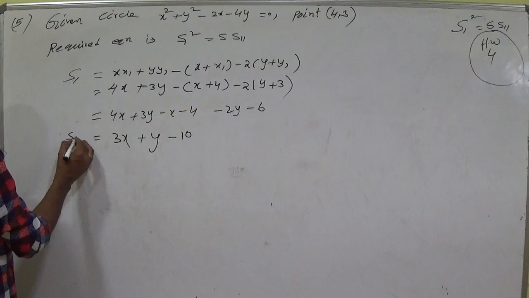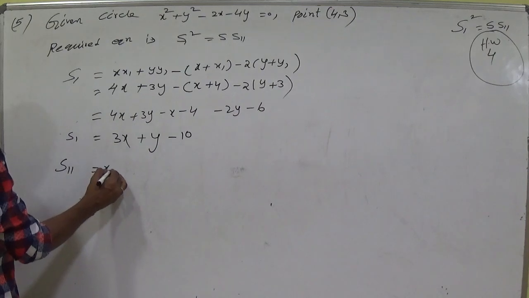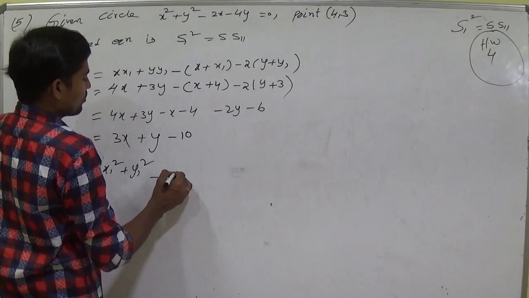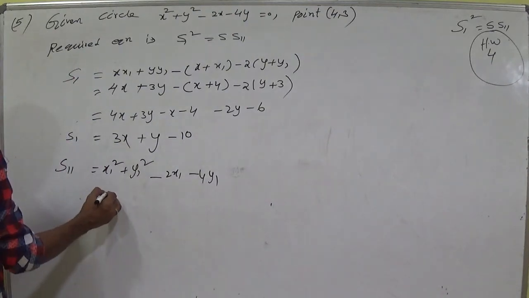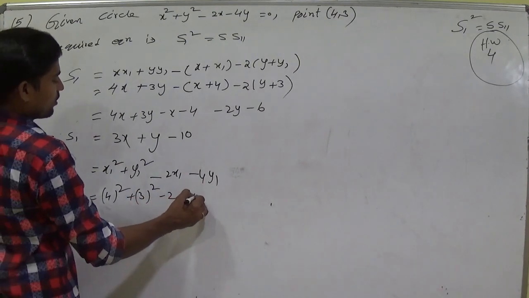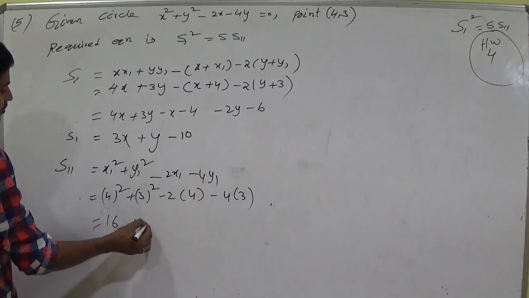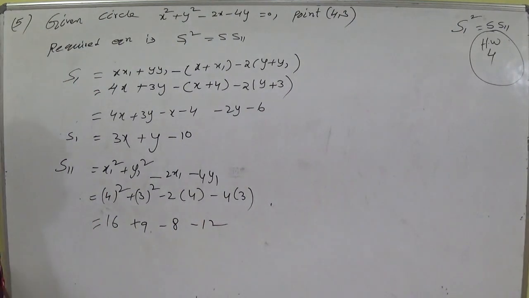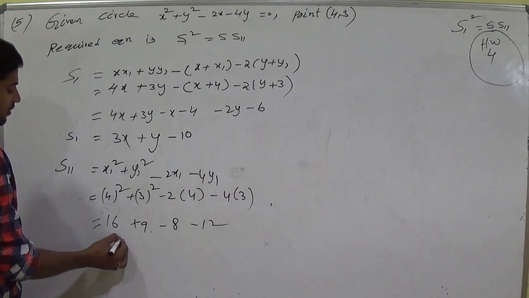That is S1. Now S11: x1 square plus y1 square minus 2x1 minus 4y1, which is 4 square plus 3 square minus 2 into 4 minus 4 into 3, 16 plus 9 minus 8 minus 12, 25 minus 20 equal to 5.